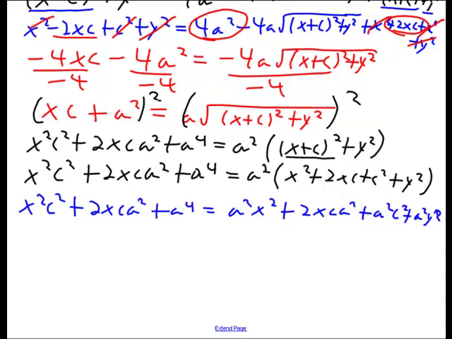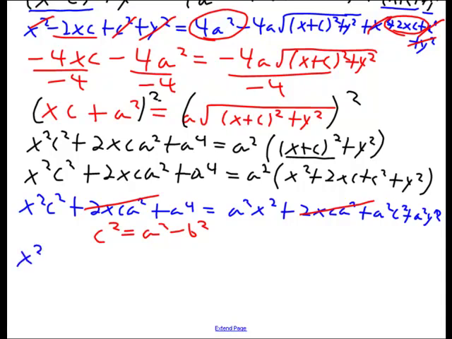Well, you see we'll have some terms we can start canceling out. Actually, before we can cancel terms, we can cancel our 2xc a squareds there. And next we're going to have to make a substitution because we said c squared was equal to a squared minus b squared. So let's make that substitution in and see what we get.